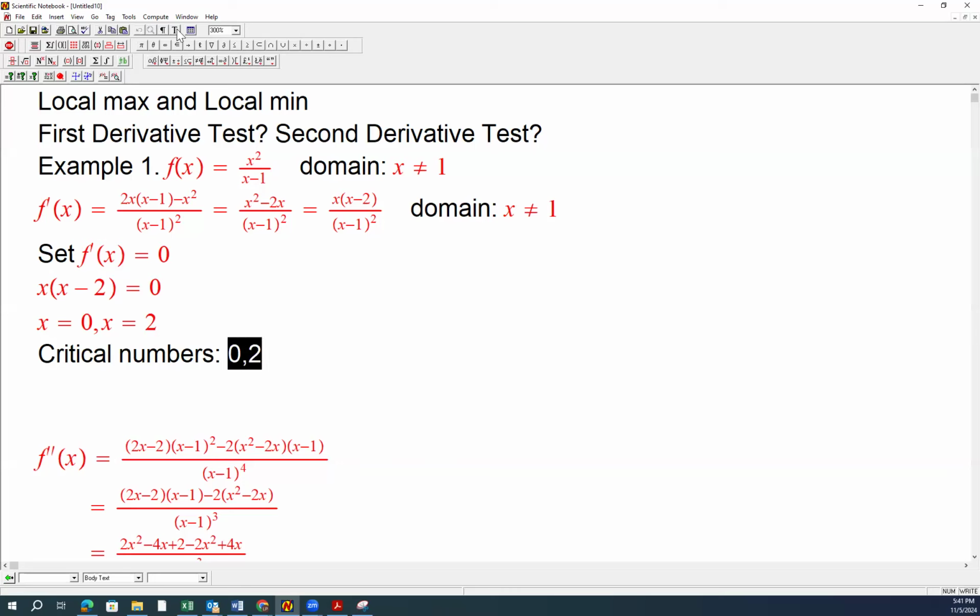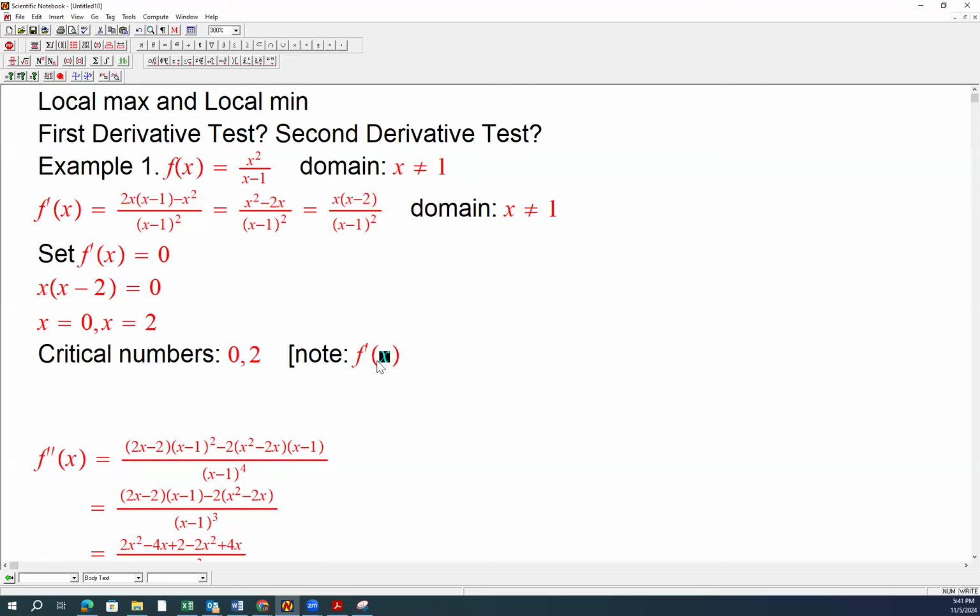But don't forget, these two critical numbers are both in the domain, so they make the first order derivative equal to 0. You don't need to write this in your work, actually.